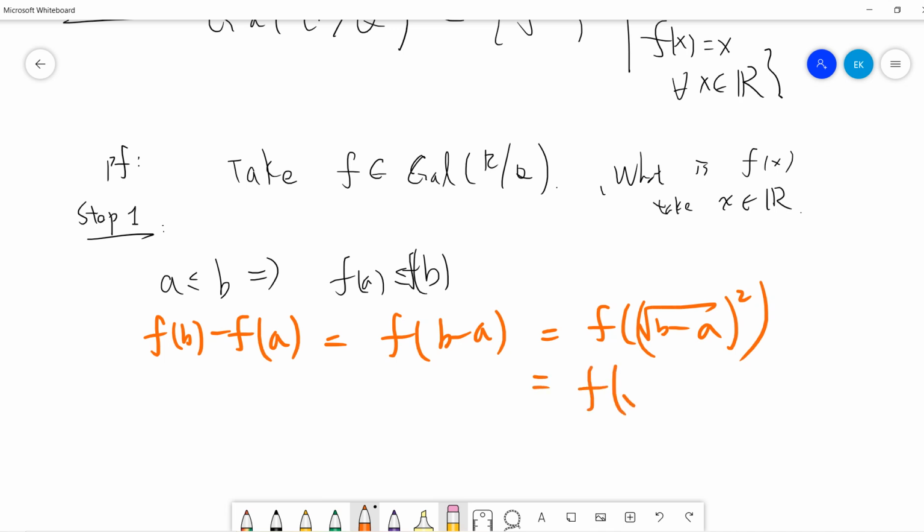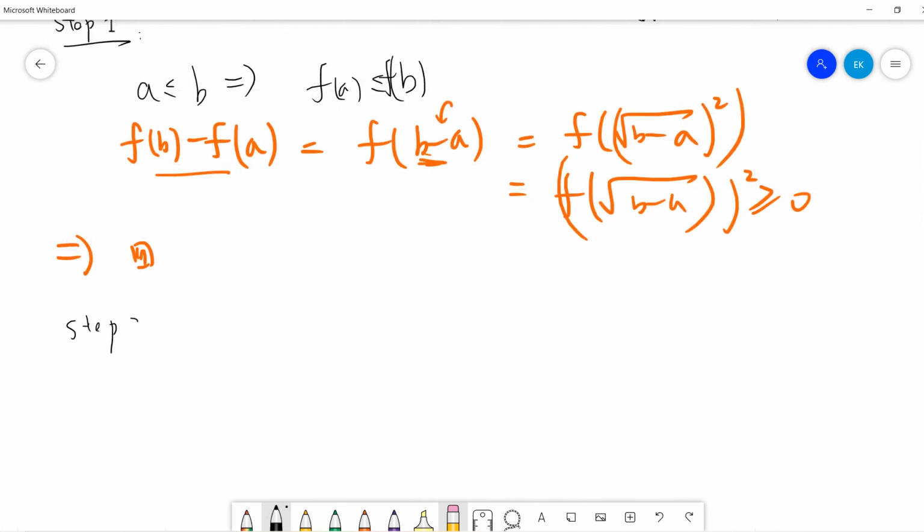So it's f squared of the square root of b minus a. Notice that f is a field homomorphism, so it has the property that the variable inside the bracket can be changed, and then you take the square root, so this is larger than or equal to 0 because it is a real number squared. Okay, proof done.